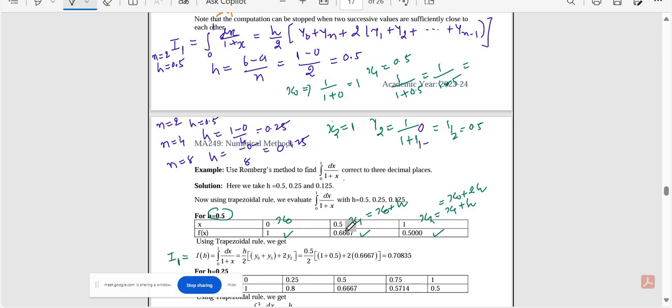Here I have the values of y only 3. So y0 plus y2 is your first and last value, and 2 times y1 is your middle value. If you substitute all these values, then we will get this value of I1. Yes or no, everybody? Understand?